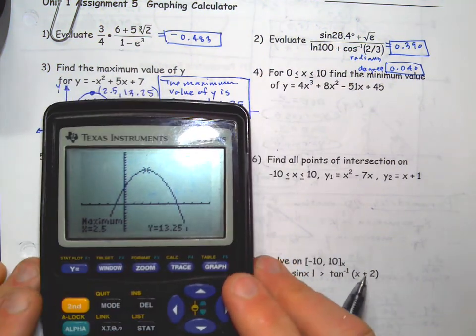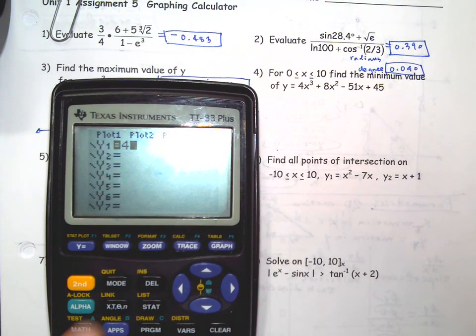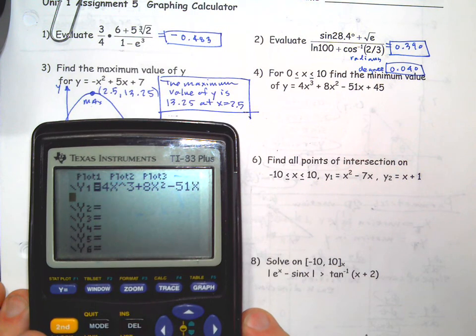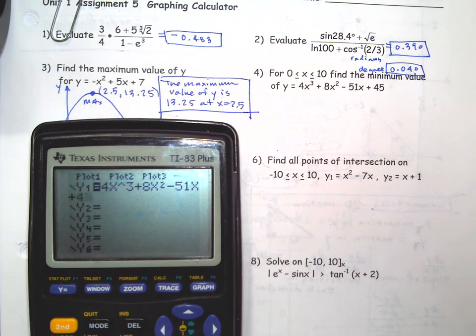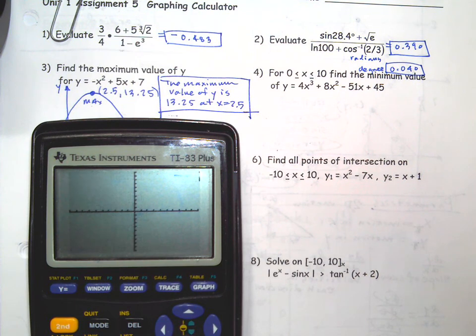Okay. Next one is the minimum of this graph. So I'm going to go over here. 4x to the third plus 8x squared minus 51x plus 45. We do zoom 6 again. Let's see what happens to the cubic. Now a cubic should look like that, kind of.